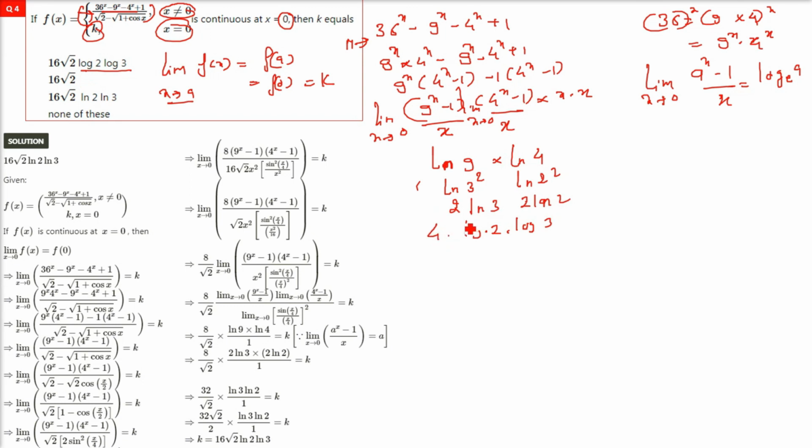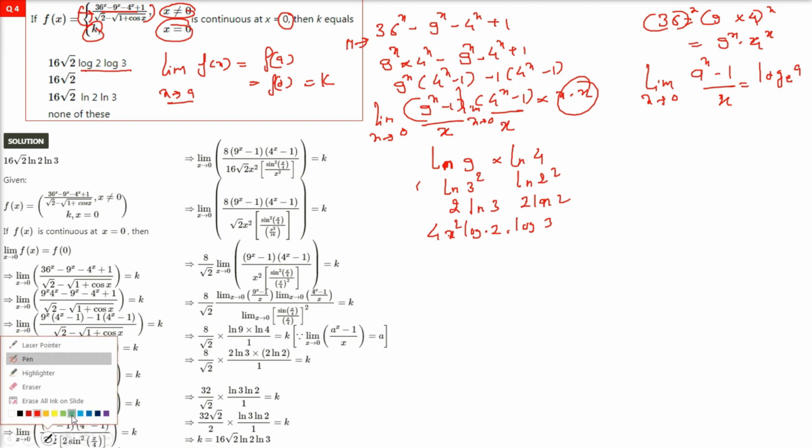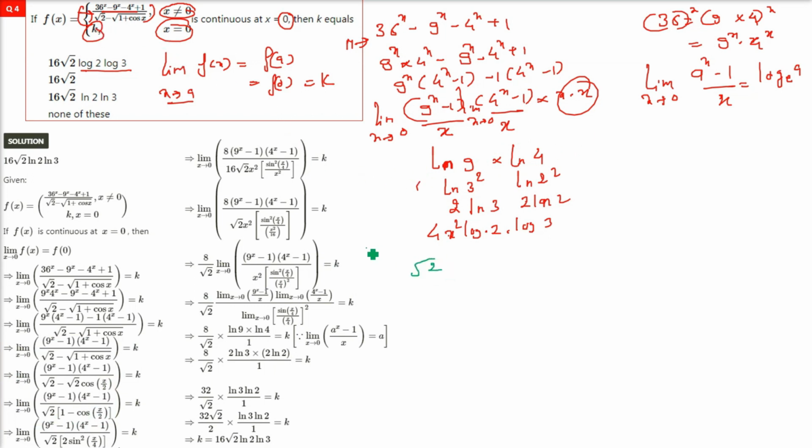This is the numerator: 4 log 2 log 3, and since we have this x square also that we initially introduced, it's 4x square log 2 log 3. Now coming to the denominator, this numerator we have already done. Denominator is root 2 minus under root 1 plus cos x.